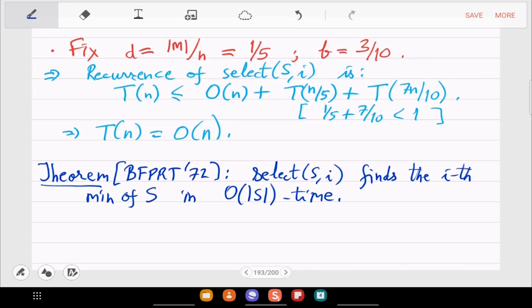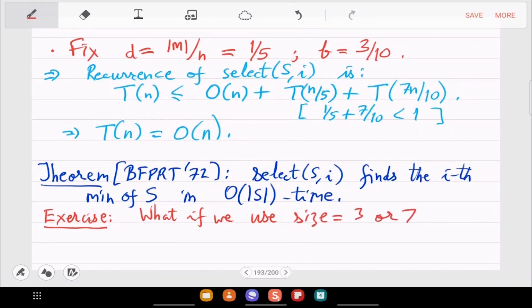Any questions? Okay, if you have no questions, then you should go home and do this exercise. Why did we pick 5? Why not 3 or 7? Okay, in fact, why not something even also?